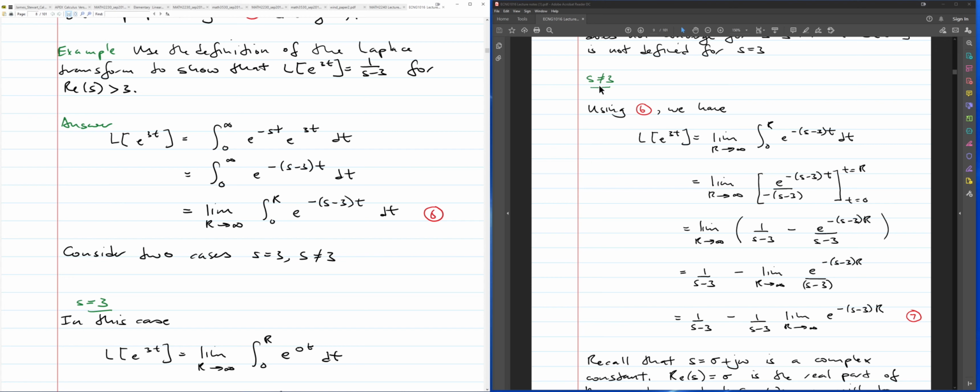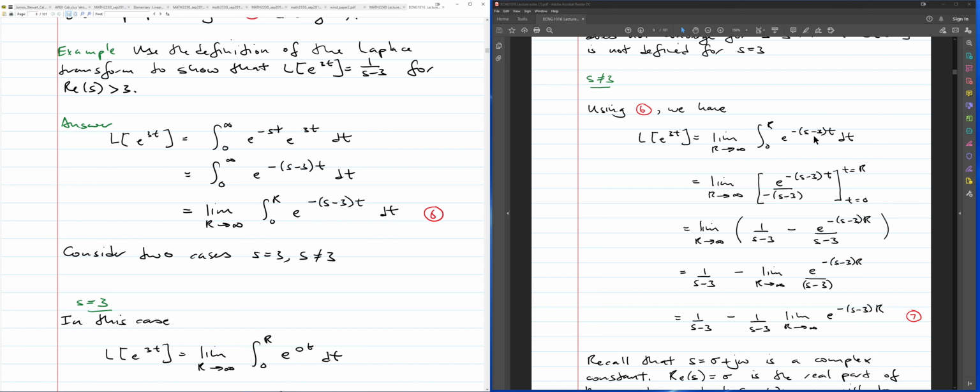Now we work with s not equal to 3. Again, if you want to work out your improper integral, first you integrate here, do this integral, and then finally evaluate the limit as r goes to infinity. So for the time being, we're focusing on the integral.